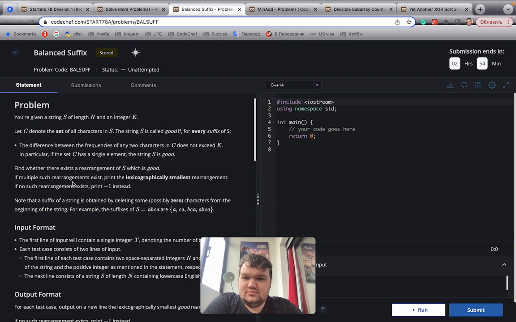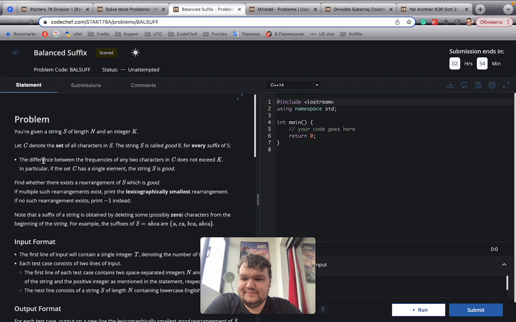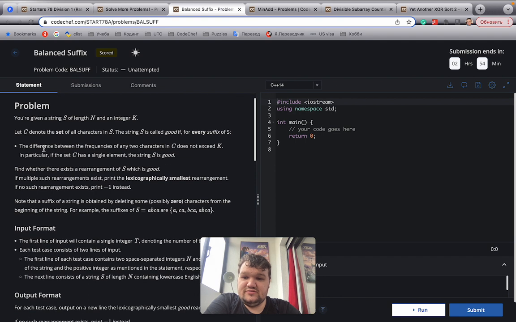Problem balanced suffix. A string, integer k. C is the set of all characters. String is good if for every suffix the difference between the frequencies of any two characters in C does not exceed k.